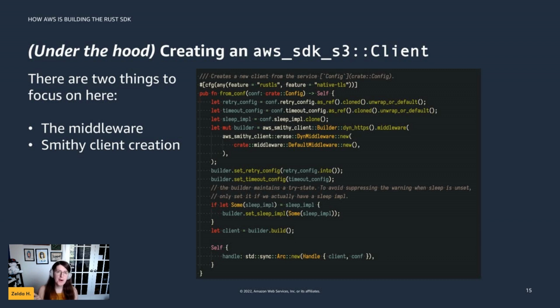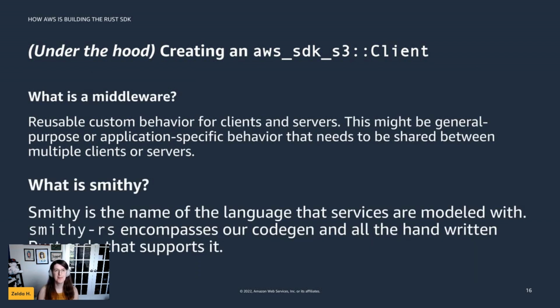We're looking at the retries, the timeouts, the sleep implementation, things like that. We're setting up this thing called the default middleware, and we're putting that all together in this builder that eventually produces a service client for us. And that service client, you can see it has that arc and there's a handle inside it. We're also going to talk a little bit more about that in a second, what's actually happening there.